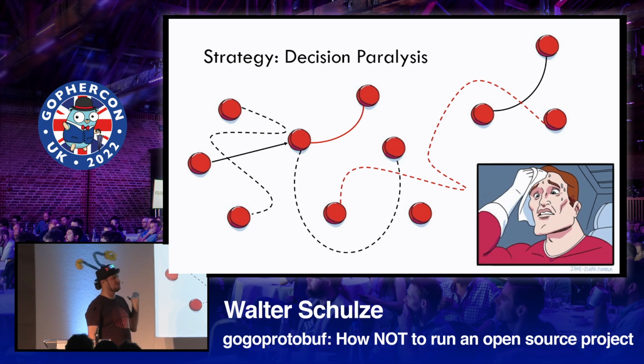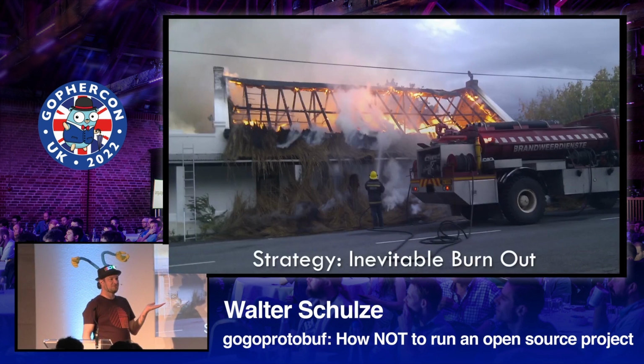So this leads to decision paralysis, right? Not a good place to be, because that's where the story ends. When the new maintainers also burn out, and you realize the project was built from the start in such a way that anyone working on it will burn out, at least if they're not paid to work on it in work time, right?